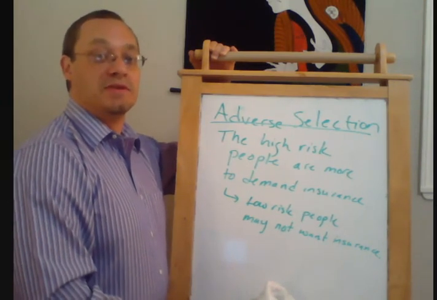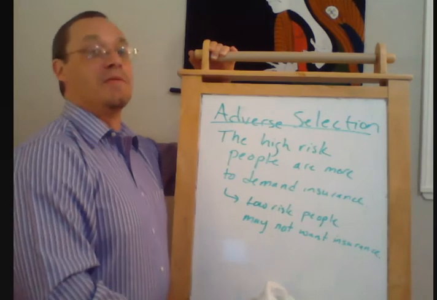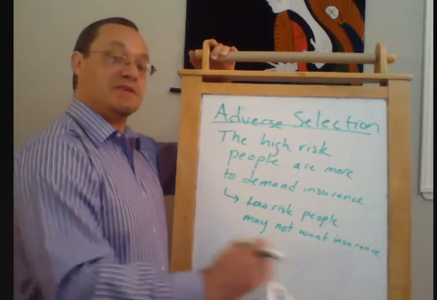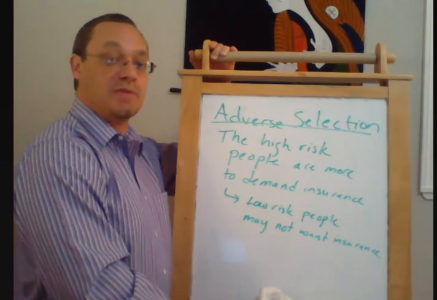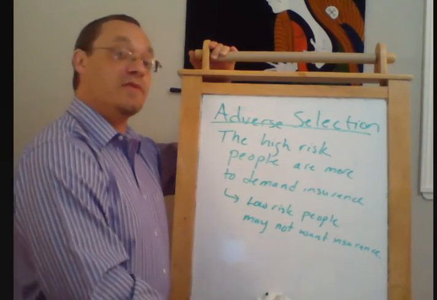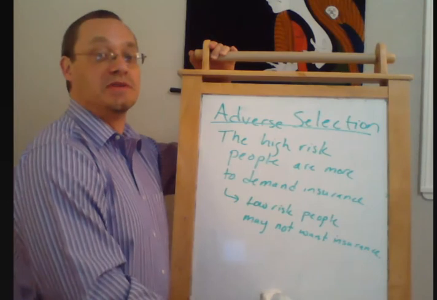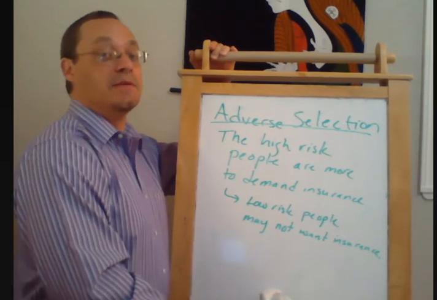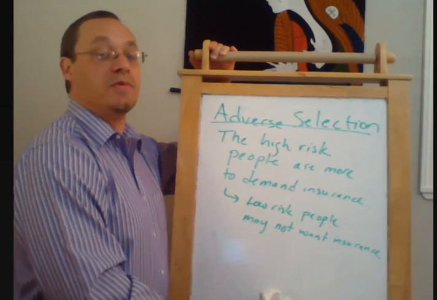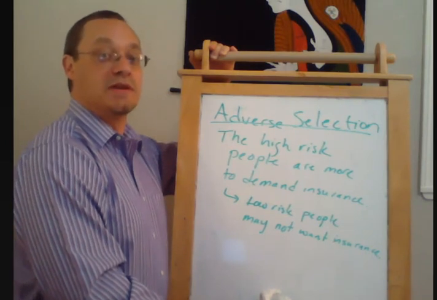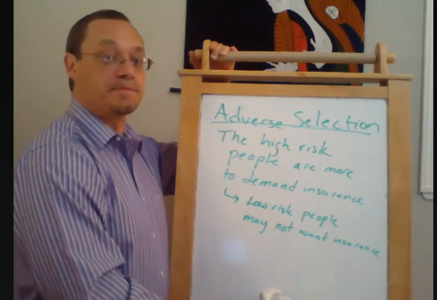And then you get into what's called a death spiral, where the insurance company raises rates to compensate for the fact that its pool of applicants has become riskier. That discourages a few more low-risk applicants, and so on and so forth. And eventually, you just have very, very expensive insurance that only the very highest risk individuals want to buy.